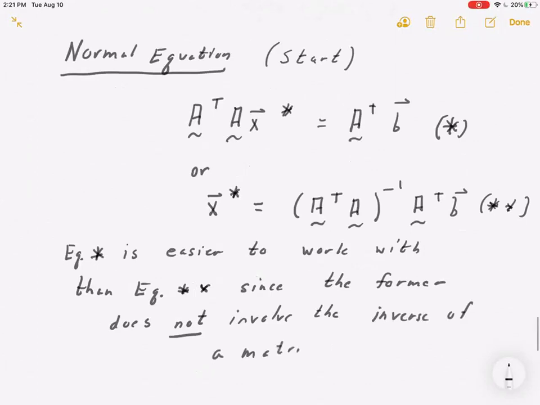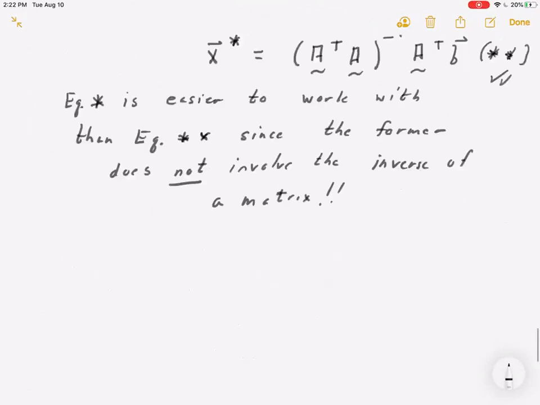So this is a very important point that we've seen many, many times throughout the course. If you have a choice between taking the transpose of a matrix, as you do in equation star, or the inverse of a matrix, as you do in equation double star, you always pick the former. It's much easier to just deal with transposes of matrices as opposed to an inverse of a matrix.